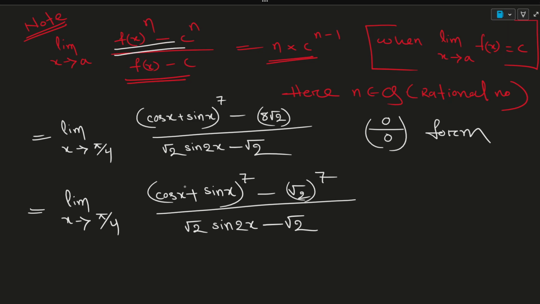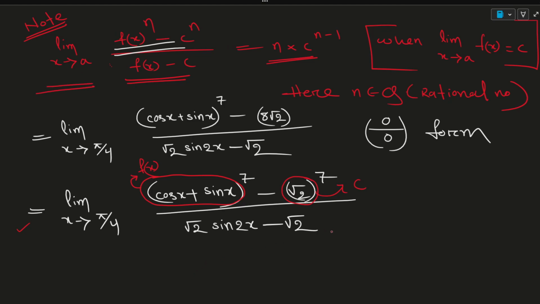If we relate it to this generalized format, we can conclude that cos x plus sin x is our required f of x, and root 2 is our required c, as per this note.